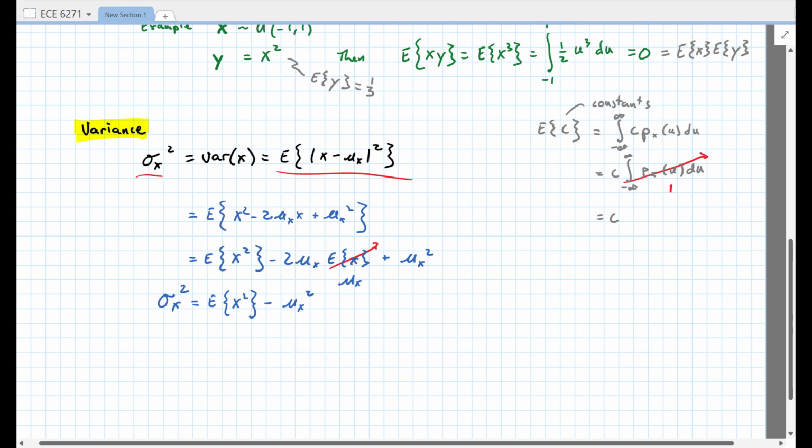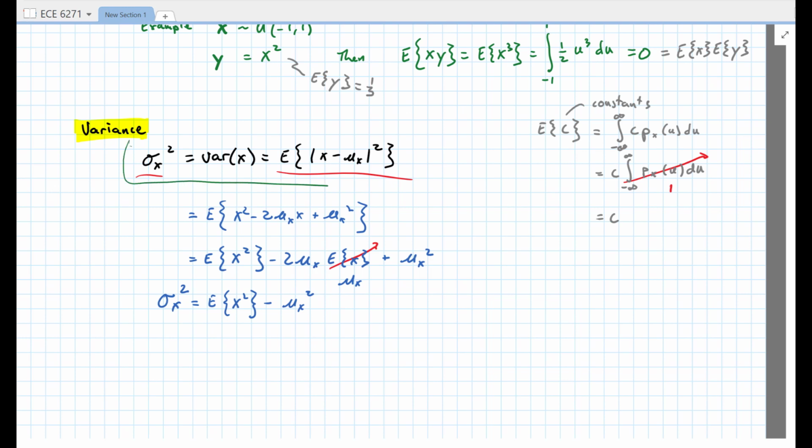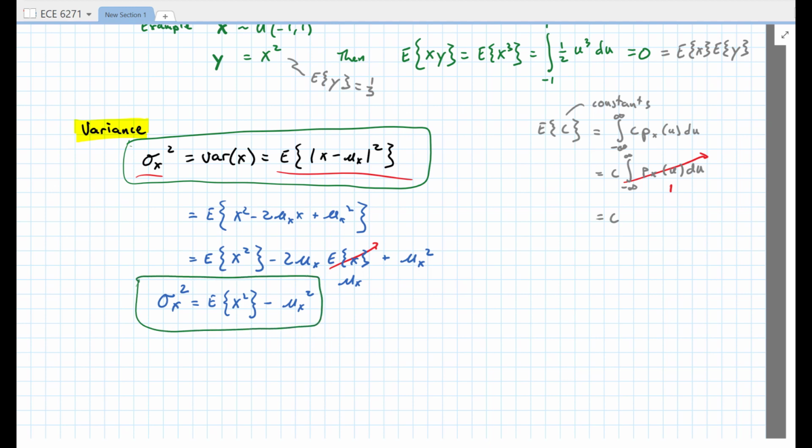So here's our other definition for variance, and both of them are useful under different circumstances.